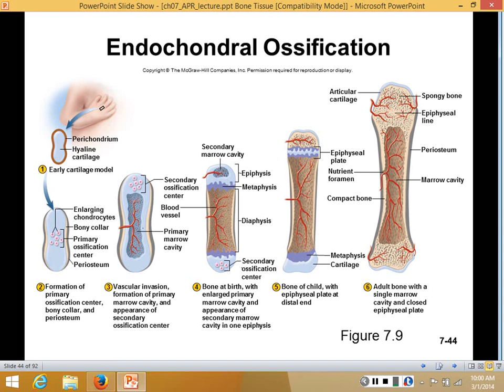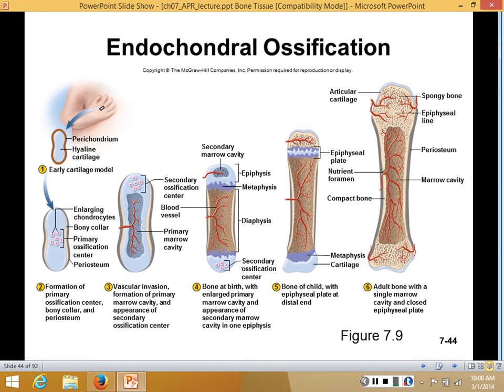So what's at the end now? We still got cartilage here, but it's called the articular cartilage. Remember in chapter 5, we talked about elastic cartilage, fibrocartilage, and hyaline cartilage, right? Hyaline cartilage is found at the distal ends of what? Bones, long bones, right? Okay, the hyaline cartilage now is articular cartilage.